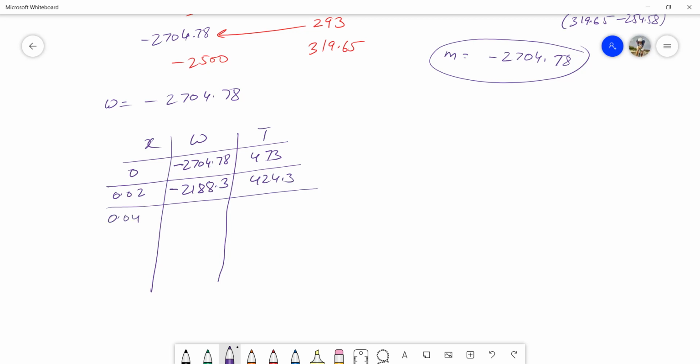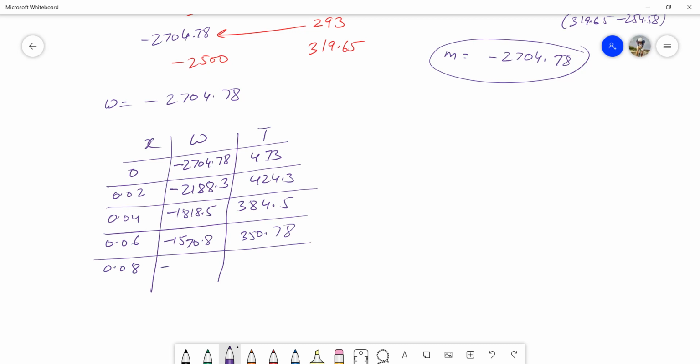At 0.04 it becomes 1818.5, and this becomes 384.5. When this is 0.06, it's minus 1570.8 and 350.78. At 0.08, this is minus 1428.4, this is 320.95, and when it is 0.1, this is minus 1381.8, 293.